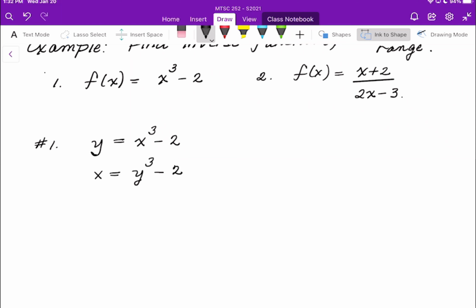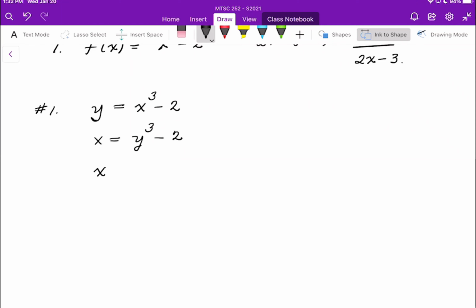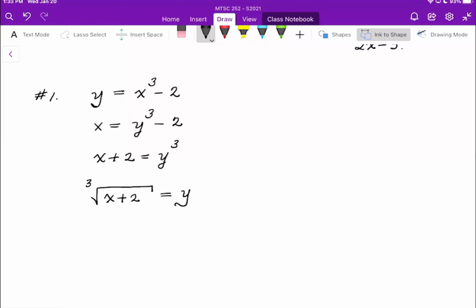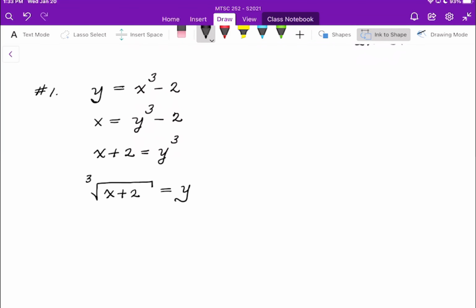We add 2 to both sides. And then we cube root both sides. Okay, and then the last thing, what do we do? We call this our inverse function. Okay, so that's our inverse function.